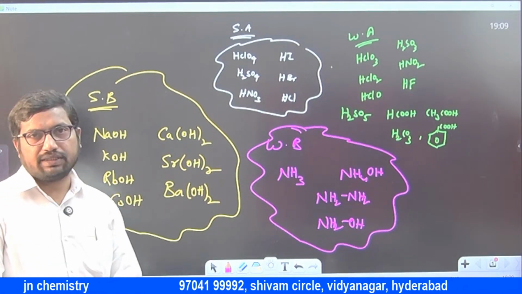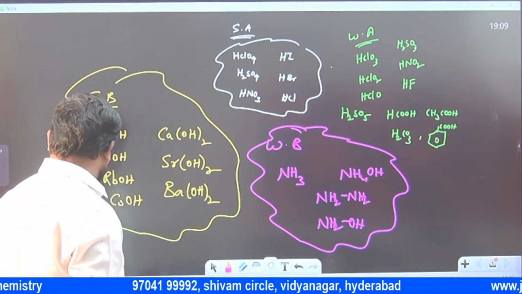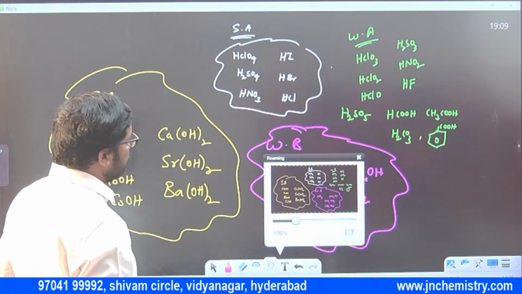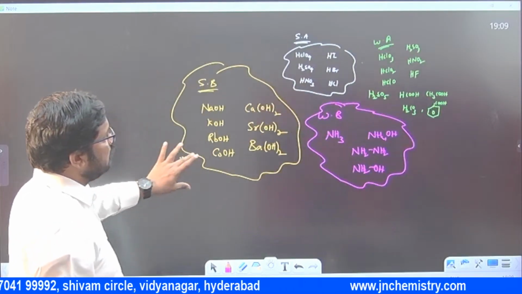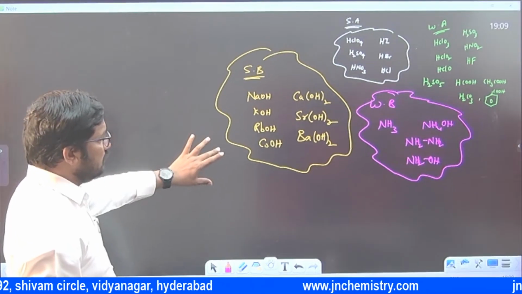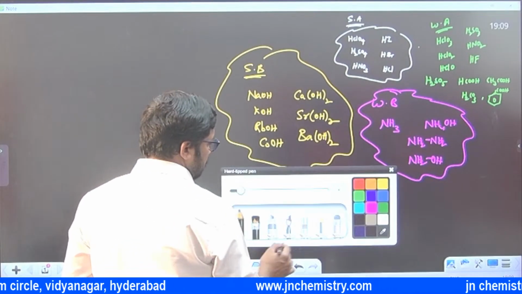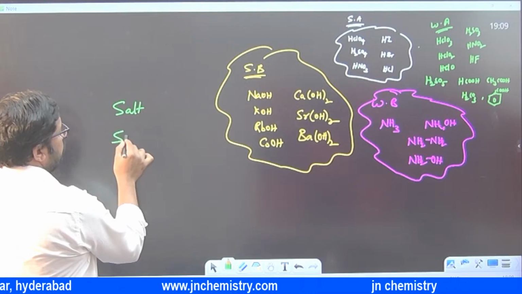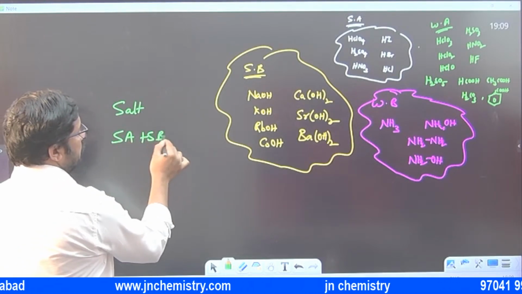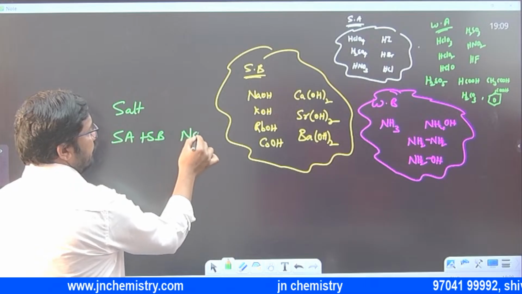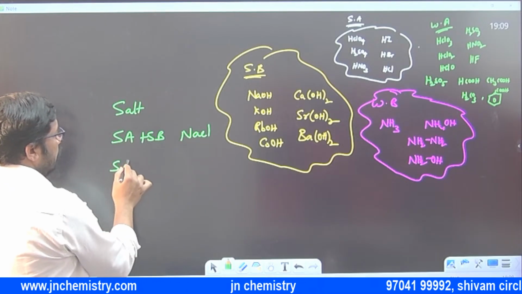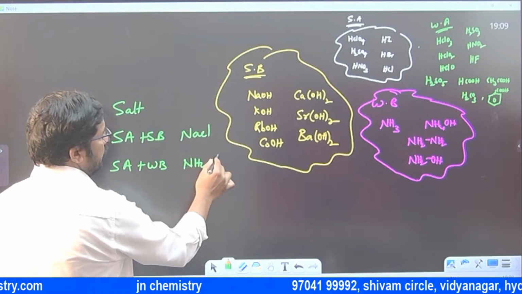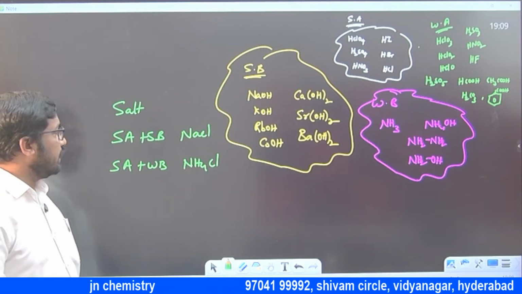Afterwards we discussed salts. What are the 4 types of salts which I discussed? Salt of strong acid plus strong base, like NaCl. Strong acid plus weak base, NH4Cl is one example.